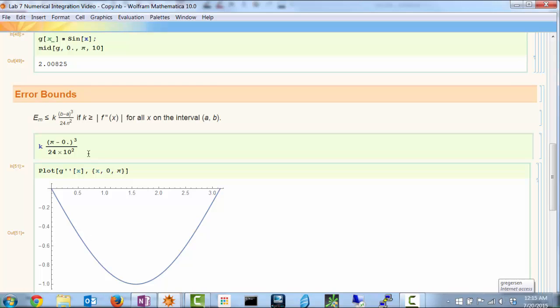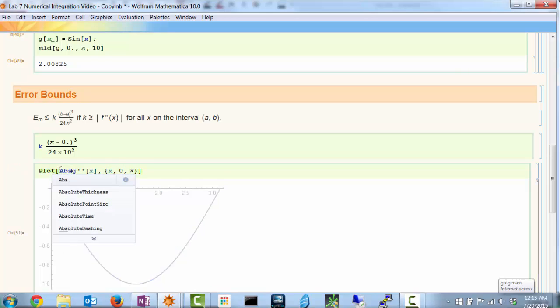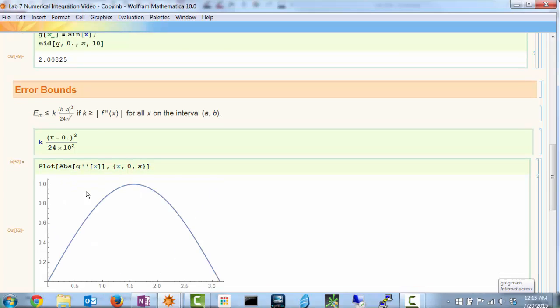Okay. Now notice that k has to be greater than or equal to the absolute value of the second derivative. So I have negative values throughout this interval. So if I want to see the absolute value of the second derivative, I can use the command abs for absolute value. Now take the absolute value of it. And so the value I'm choosing for k has to be bigger than any other value for this function on this interval.